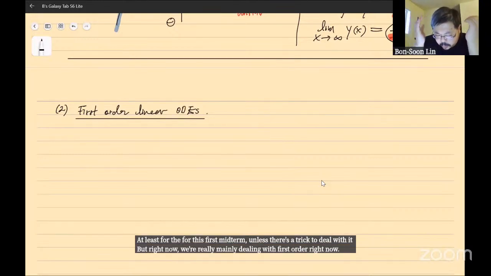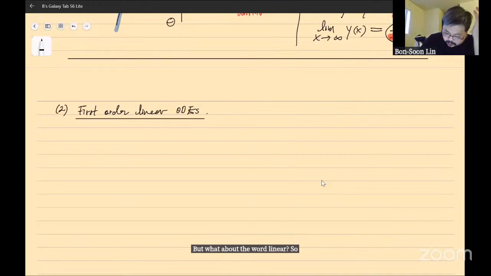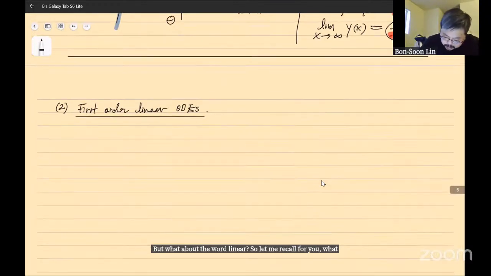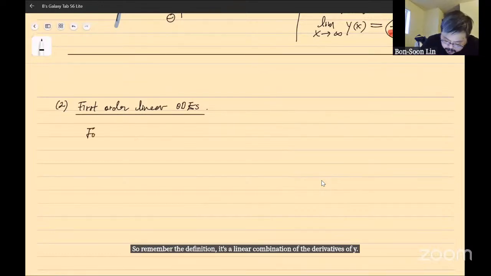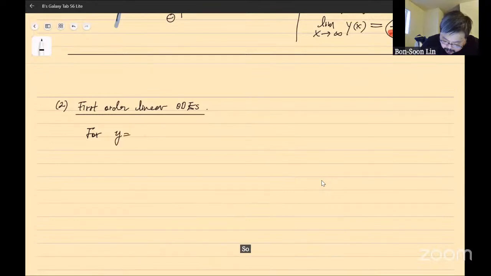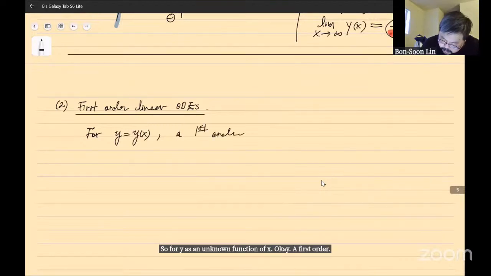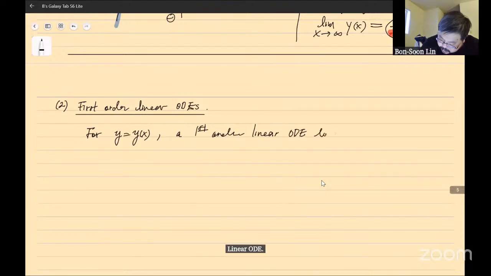But what about the word linear? Let me recall for you what that means. Remember the definition, it's a linear combination of the derivatives of y. So for y as an unknown function of x, a first order linear ODE looks like this.